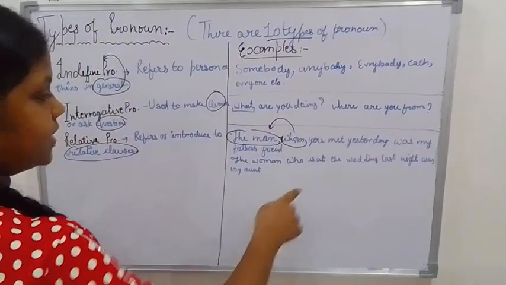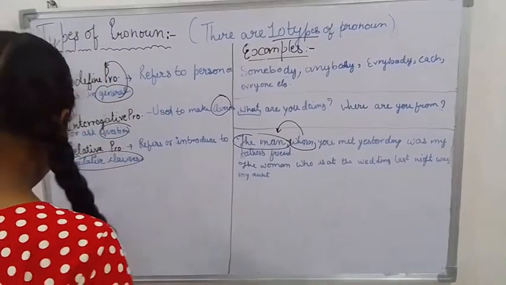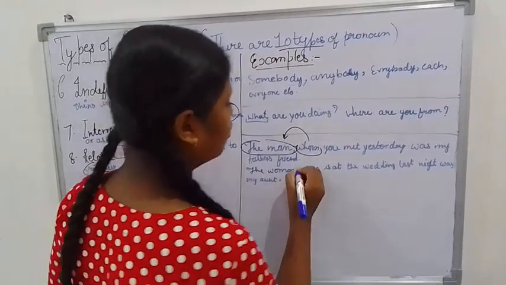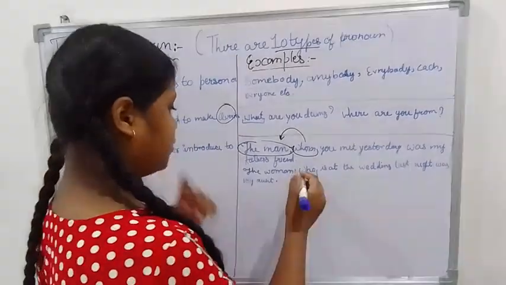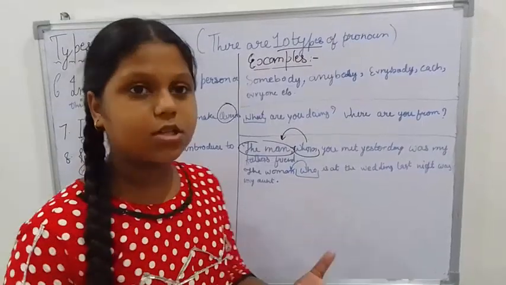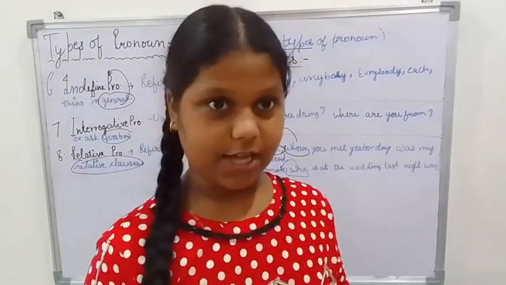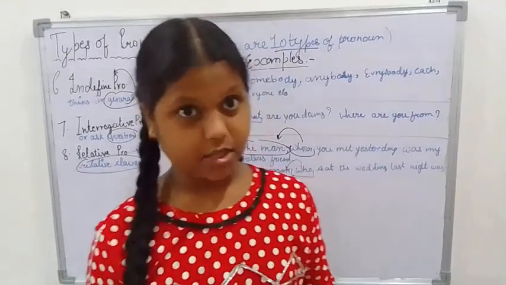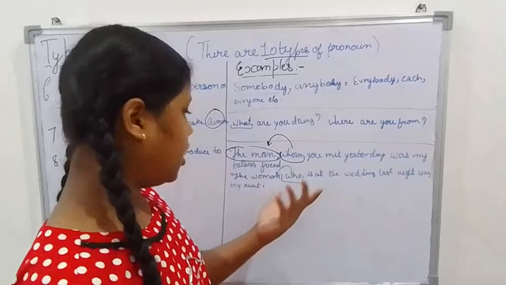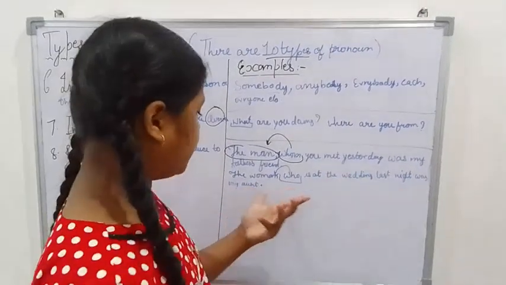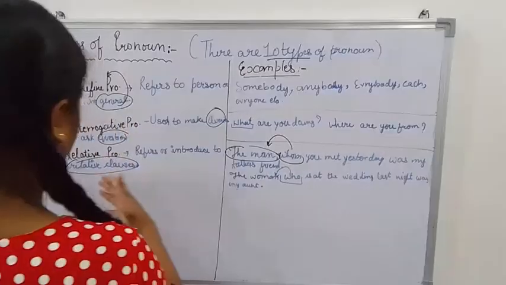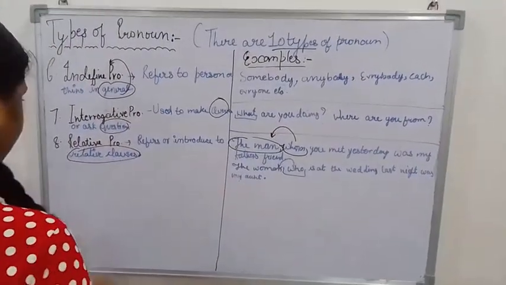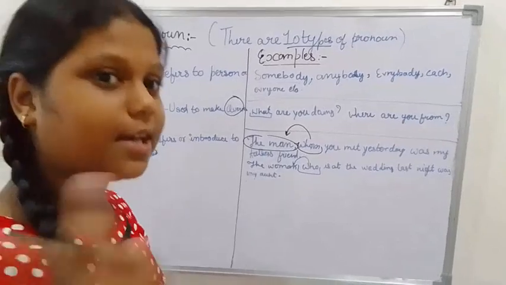The woman who was at the wedding last night was my aunt. So the who in this sentence is a relative pronoun because who is introducing us to the woman. Who was the woman who met you at the wedding last night, or who was there last night at the wedding? So the woman who was at the wedding last night was my aunt. It is relating to us a new clause, or a relative clause. So relative pronoun means introducing a relative clause.